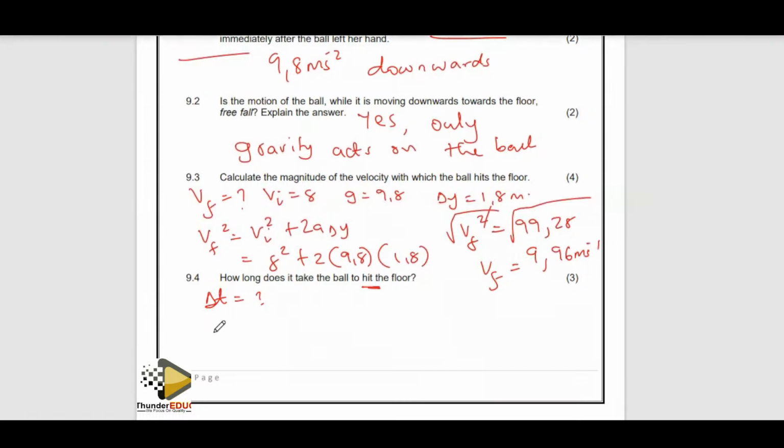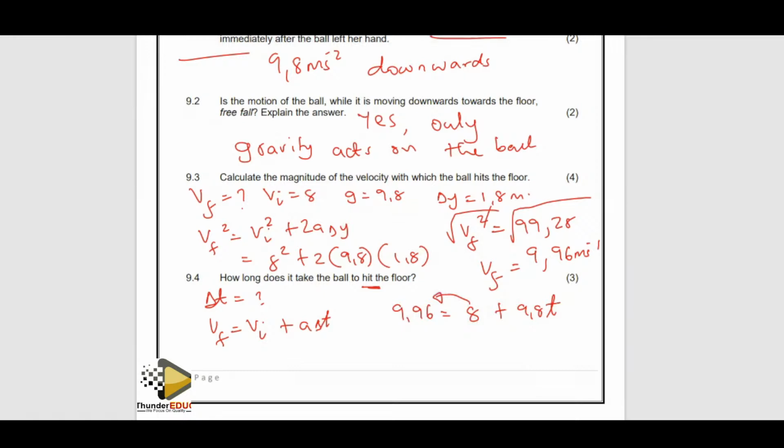I feel that is way quicker. So our VF, which we said is 9.96, is equal to the initial velocity, which we said was 8, plus our acceleration, which is 9.8 times t. Positive, since the ball is being dropped. Move the 8 to that side.